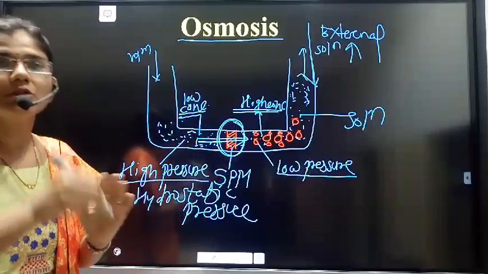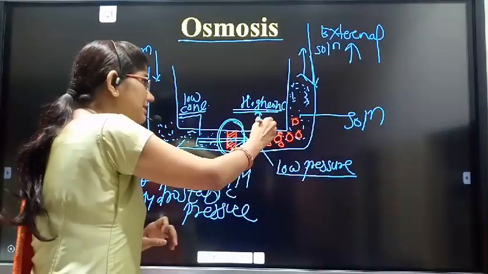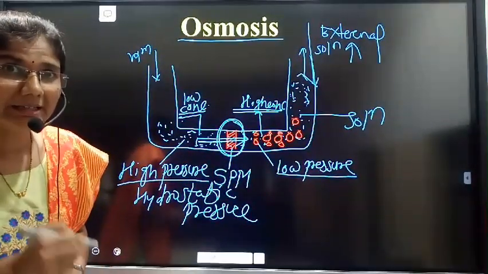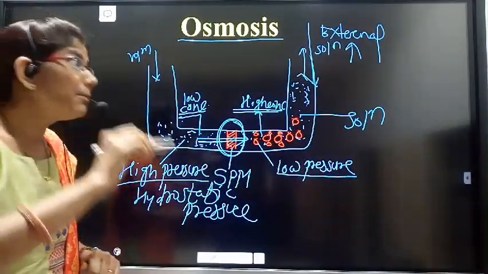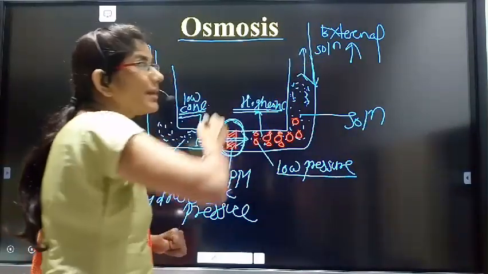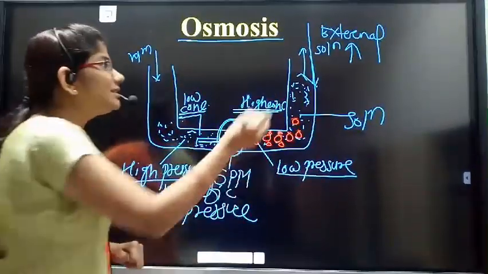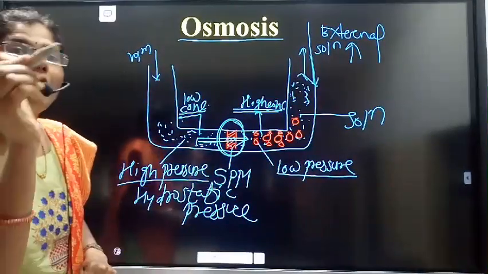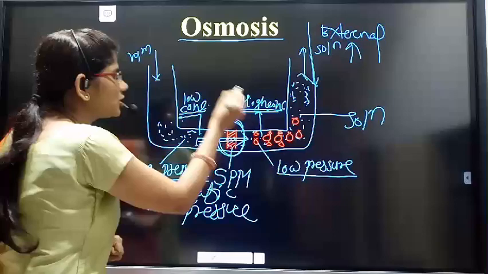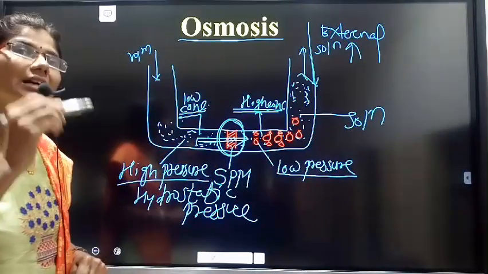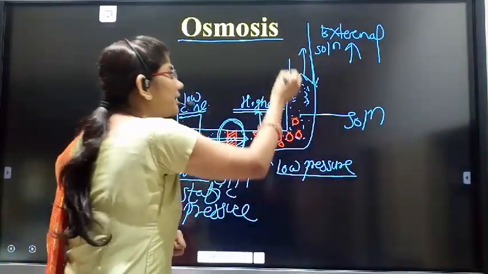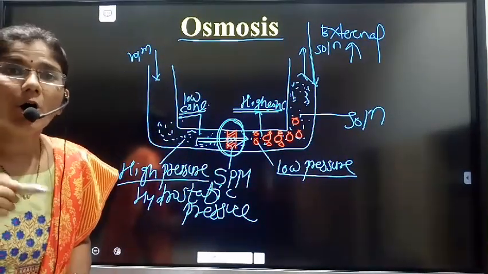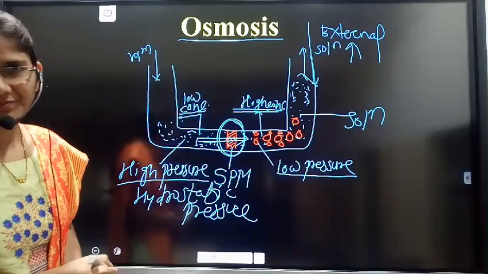We want to flow the solvent from higher concentration region to lower concentration region, and therefore we have to apply an external mechanical pressure on the solution side to stop the flow of solvent from this region to this region, and this applied pressure is called osmotic pressure.